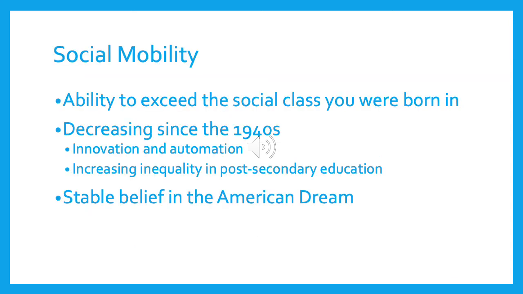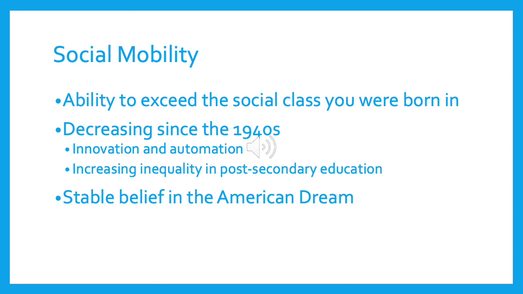So implicit in the idea of life chances is the idea of social mobility. By social mobility, we generally mean upward mobility, which is the ability to exceed the social class you are born in. Many people colloquially call this idea the American dream, the idea that children can do better than their parents economically. And for a lot of American history, this was the norm.